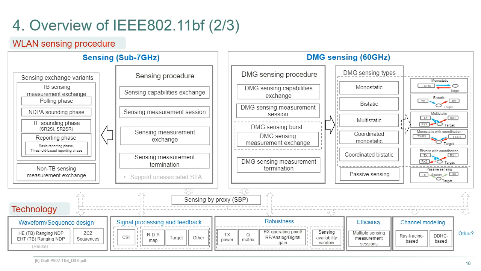So if we finally have 11bf implemented in chipsets, it will be much easier to reach and get the CSI from the chipset, by reporting or by just delivering from the MAC to the upper layer.